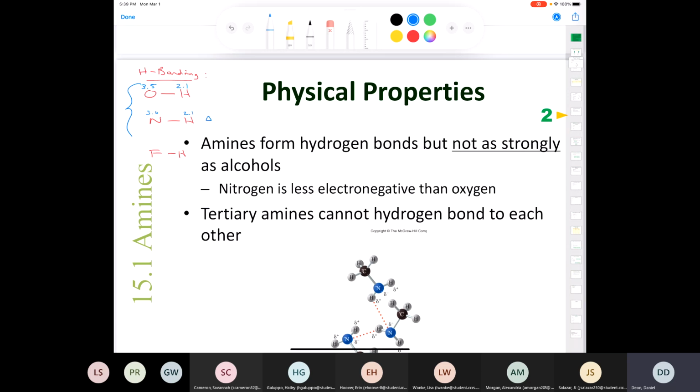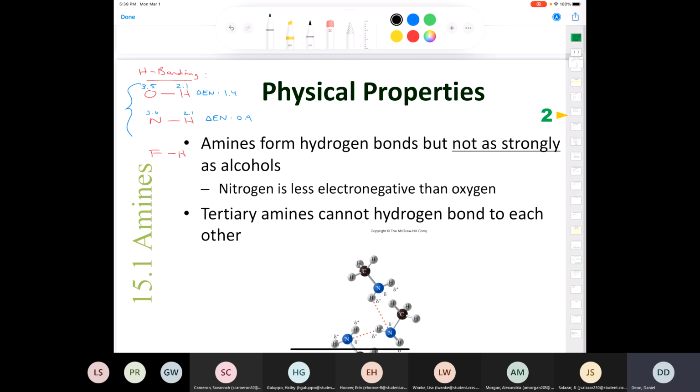So the difference, the delta in electronegativity between nitrogen and hydrogen is 0.9, whereas the difference in electronegativity between oxygen and hydrogen is 1.4. And so the dipole between hydrogen and oxygen is stronger.